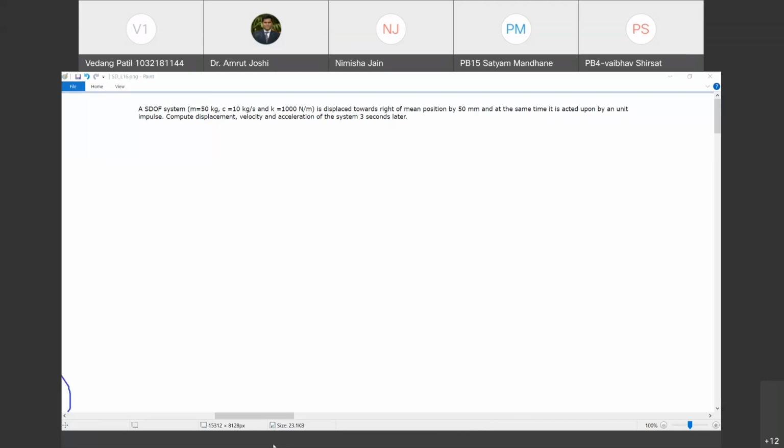One minute. An SDOF system, 50 kg mass, C equal to 10 kg per second, K equal to 1000 Newton per meter, is displaced towards right of mean position by 50 mm, and at the same time it is acted upon by a unit impulse. Compute the displacement, velocity, and acceleration of the system 3 seconds later. That is what the question asks.